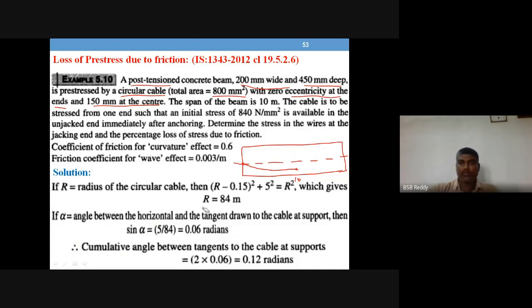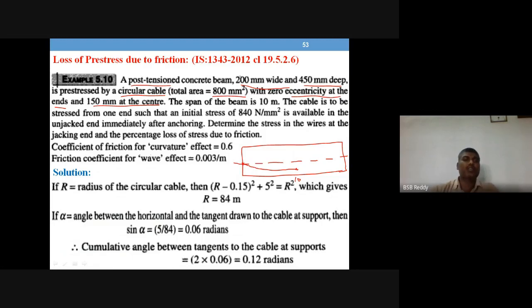It is like a part of a circle. The cable may have a parabolic nature, or it can be straight, linear, or circular. Okay, part of a circle.